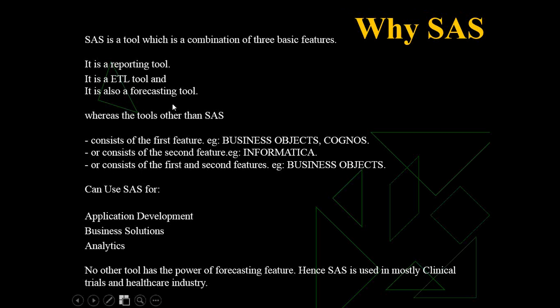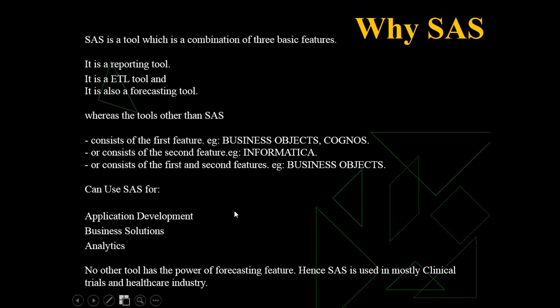So maybe 80 to 90 percent of the time it's correct, and some 10% of the time it's not correct as well. So we are doing forecasting, like inventory forecasting. How much inventory is required for my warehouse, or for my clinic and all. So inventory management, inventory forecasting, everything we can do with SAS.